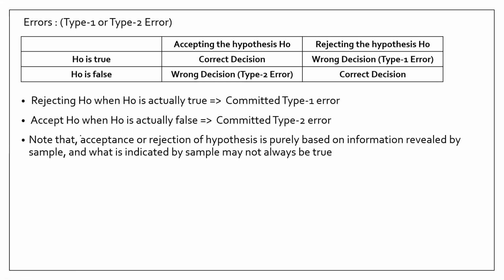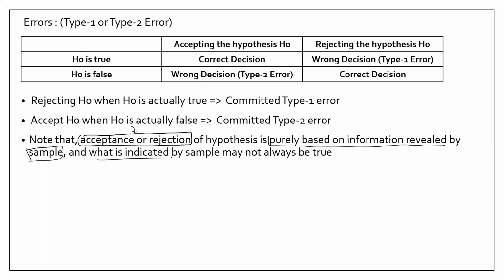Now, note that the acceptance or the rejection of the hypothesis is purely based on the information revealed by the sample, from the population whatever samples we are taking. So whether the hypothesis has to be rejected or accepted, it all depends upon the sample.